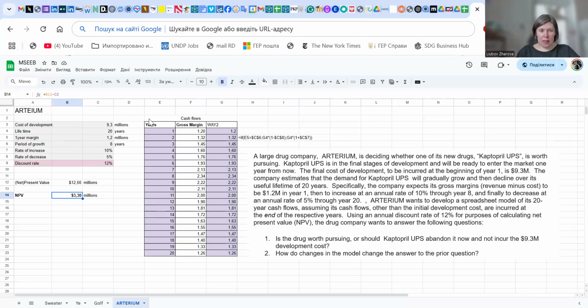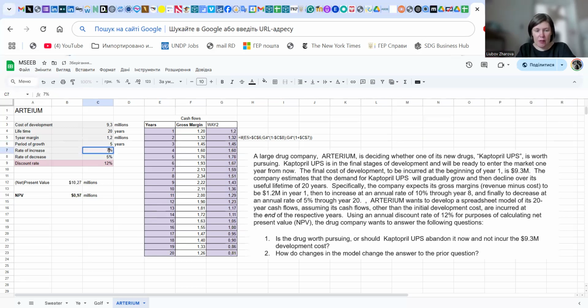What else? As soon as we create the model, we can play with the numbers and understand how the situation will change. Even if the decrease lasts only 4 years, it's okay; we still have a plus.